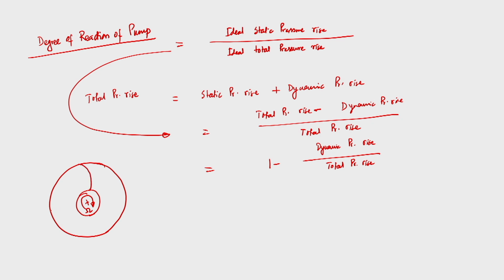Say the impeller has backward curved vanes, and if I draw the velocity triangles at the outlet, this is C2, this is U2, this is W2, this angle is beta 2, this angle is alpha 2, this is U2, this is W theta 2, and this is C theta 2.